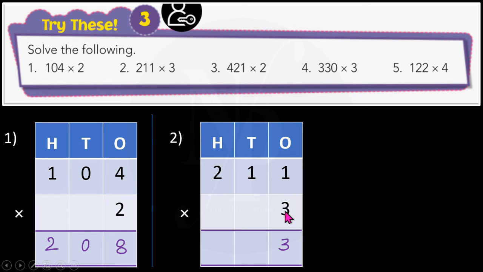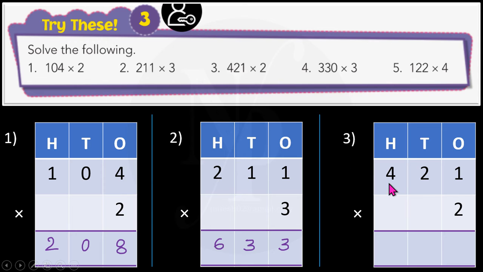We multiply 1 by 3, that is 3 ones are 3, and we multiply the digit at hundreds place, 2 hundreds by 3. So 3 twos are 6, which represents 6 hundreds. The product is 633. That is the product of 211 and 3 is 633. Moving to question number 3.